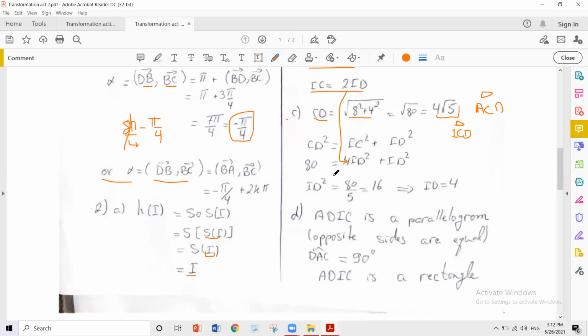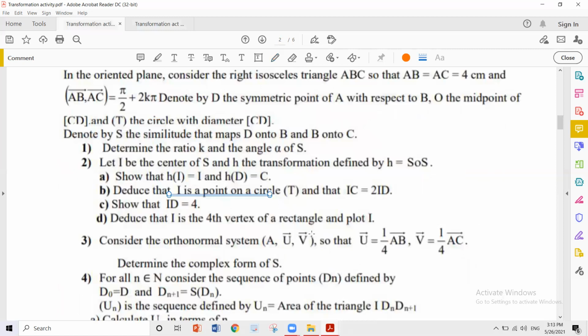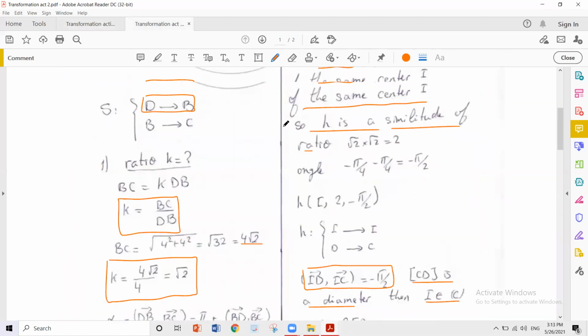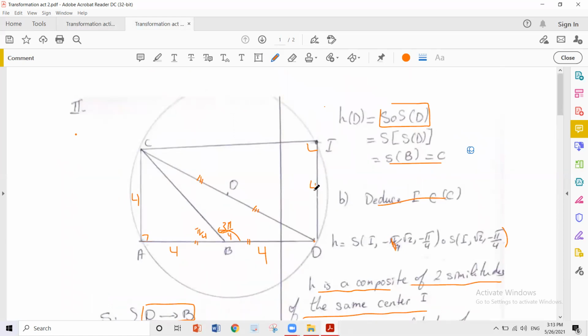So ID squared equals 80 over 5 equals 16, then ID equals 4. So in this figure here, ID is 4 and IC equal to ID is 4.